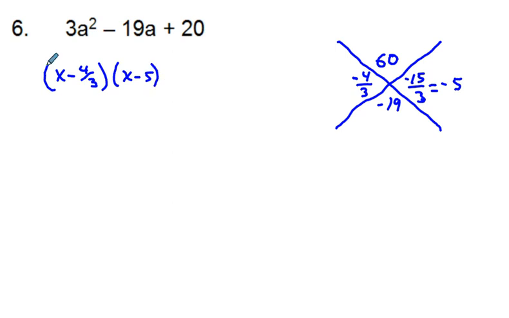Now I just made a little slip there, right? Because it's a. I'm going to fix that in our final answer here. Using bottoms up, we're going to get 3a minus 4 times quantity a minus 5. Let's make sure this works out. Yeah, that works out.